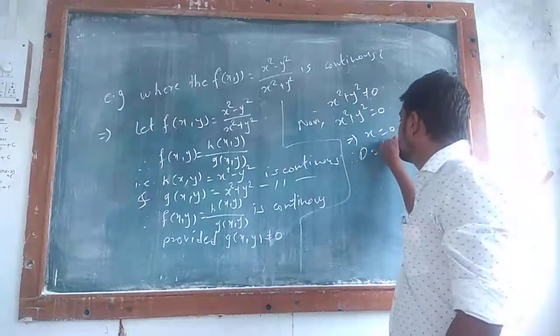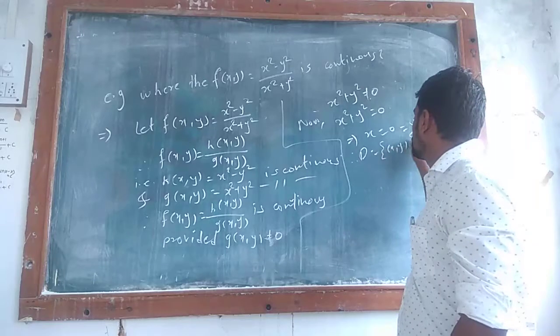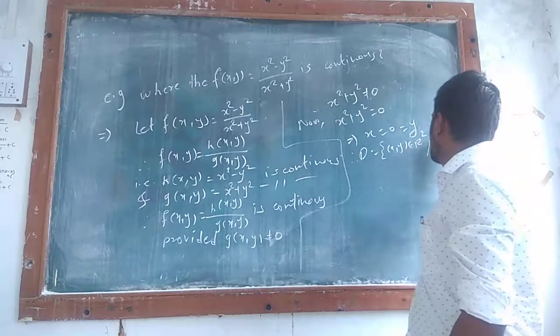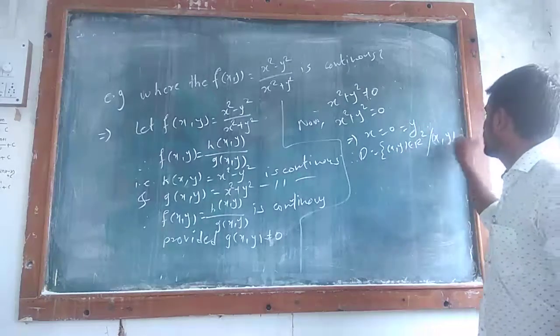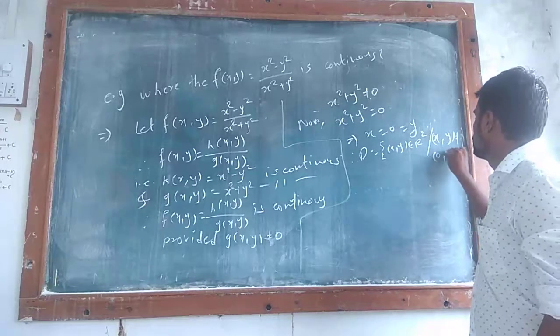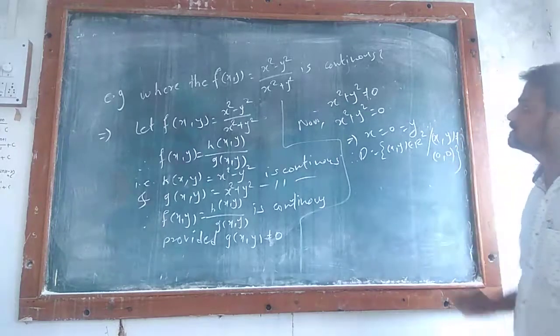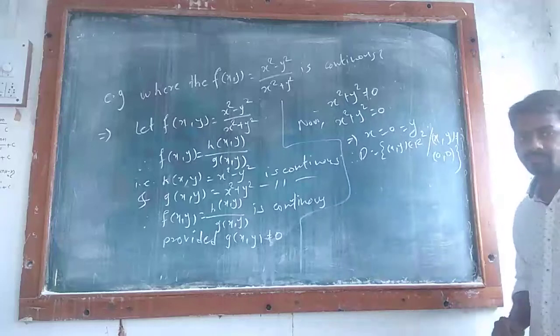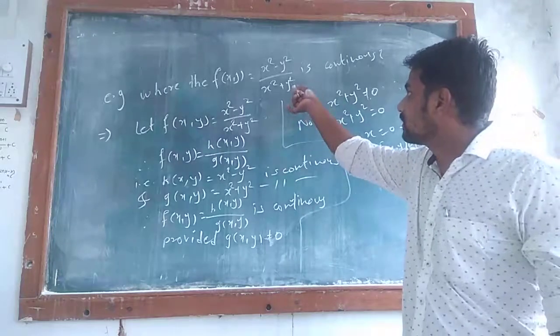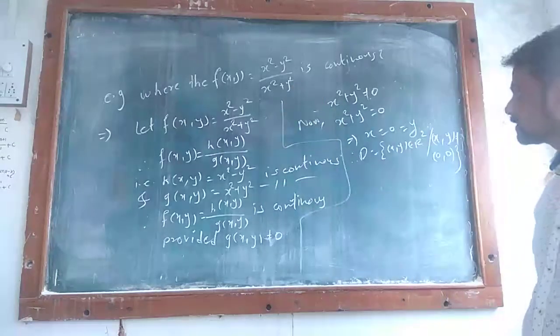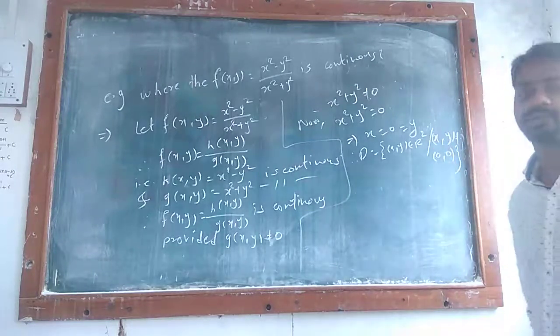Therefore, D is (x, y) belongs to R square such that (x, y) is not equal to (0, 0). This is the domain in which f of xy is equal to x square minus y square upon x square plus y square is continuous.